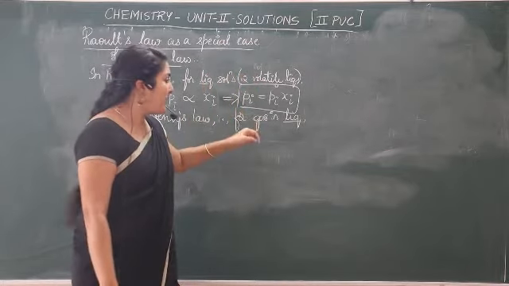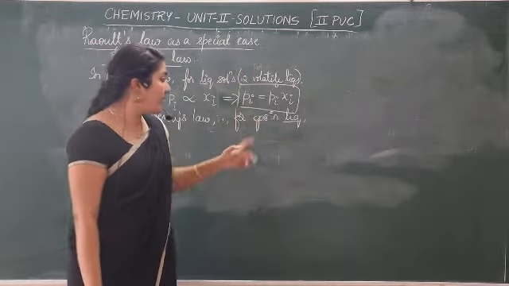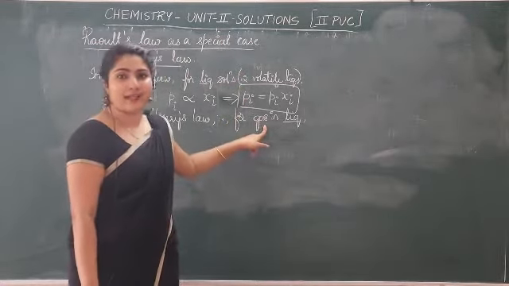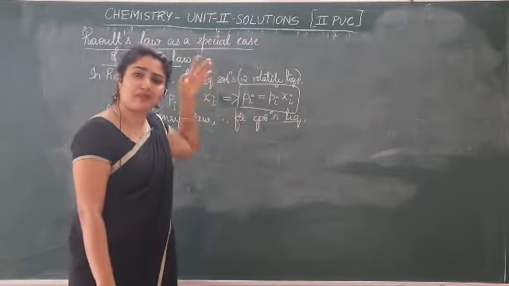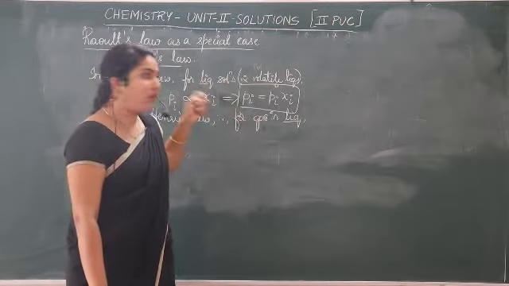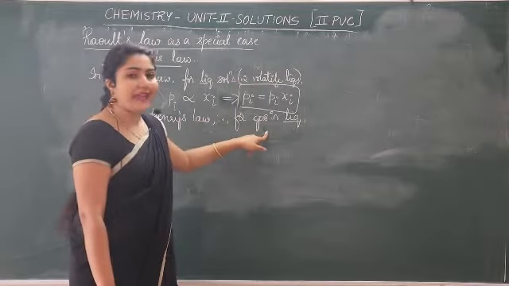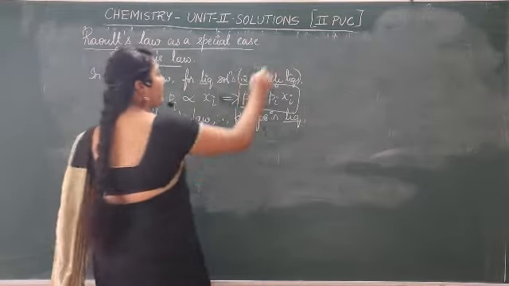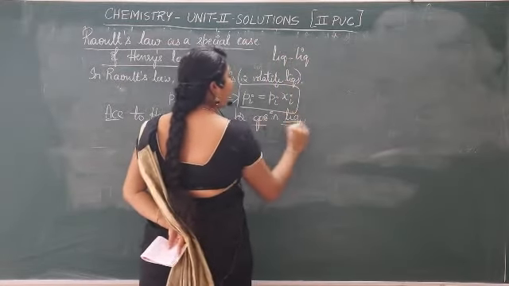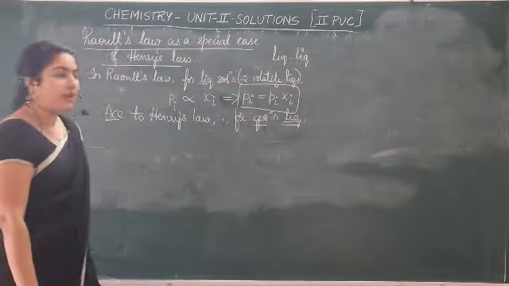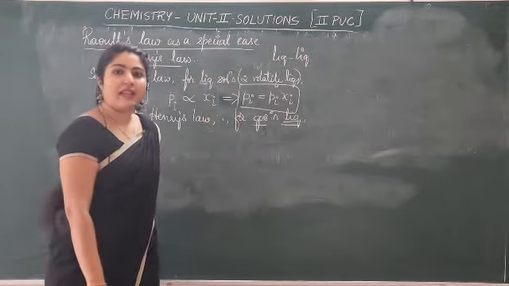Both are volatile. But what about gas in liquids? One component is so volatile that it is in the gaseous state itself. Are you getting the point? Here both are volatile liquids. The theory is almost the same. What is the difference? Here it is a liquid solution, that is both liquids. Here it is a gas in liquid solution. And here one component is so volatile that it is in the gaseous state itself.